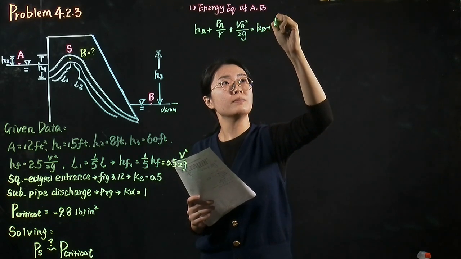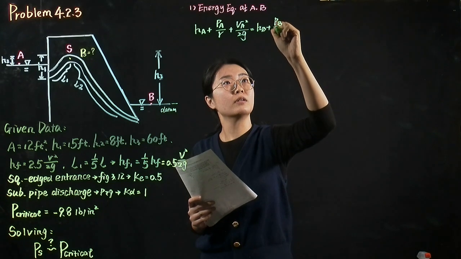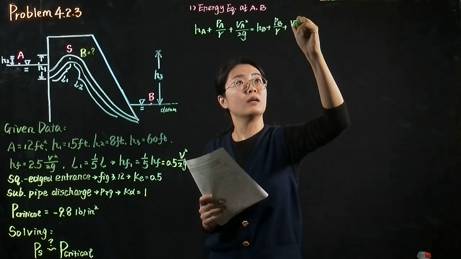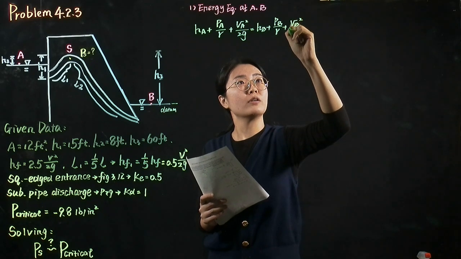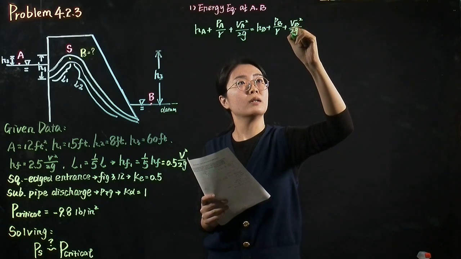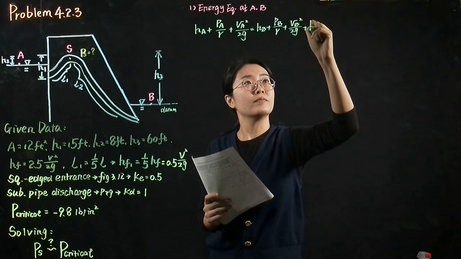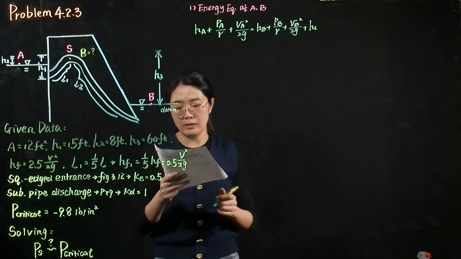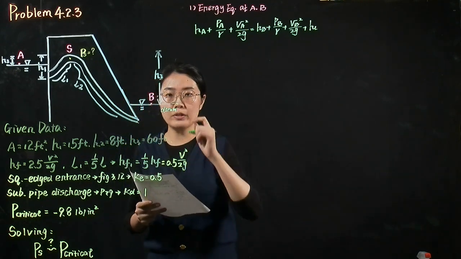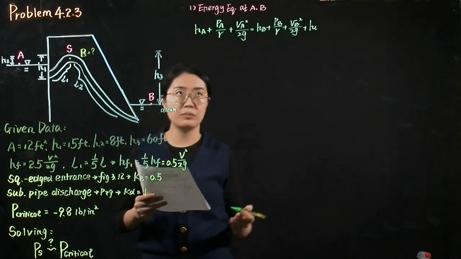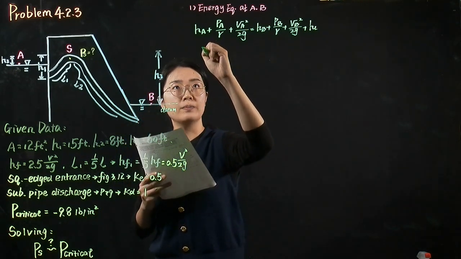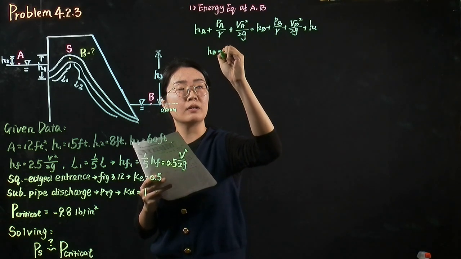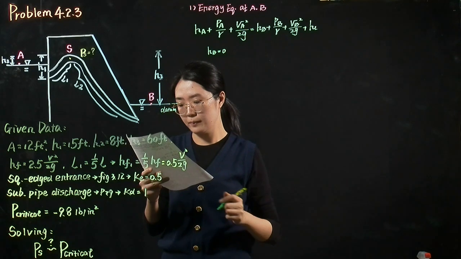HB plus PB over gamma plus VB squared over 2g plus the head loss, which is HL. Because we assume the datum is at point B, HB equals 0.